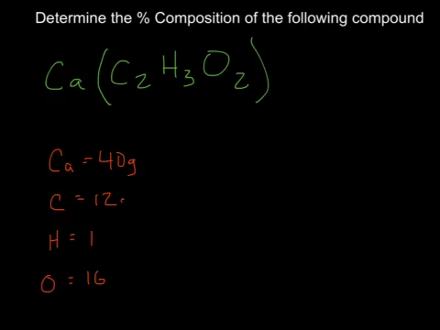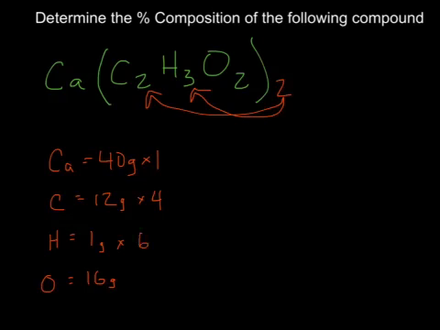I'll go ahead and write grams in here. We only have 1 calcium. Oh, I'm missing a 2 out here, sorry. So 2 times 2 is 4 carbon, 2 times 3 is 6 for hydrogen, and 2 times 2 is 4 oxygen.